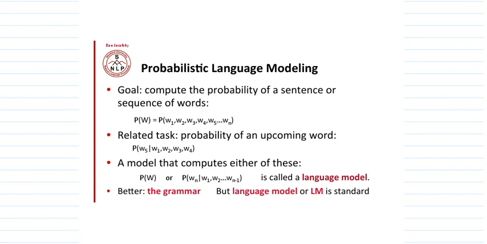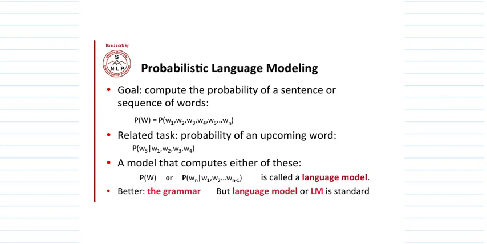The probabilistic language models compute the probability of a given sequence or sentence of words. We say that the probability of a given sentence is equal to the probability of all the given words present in it.